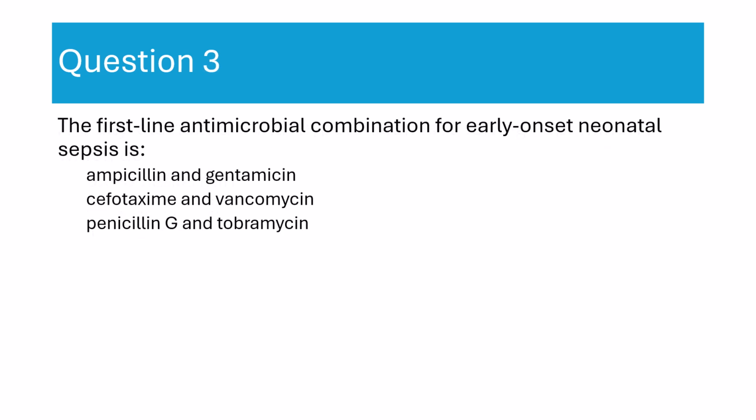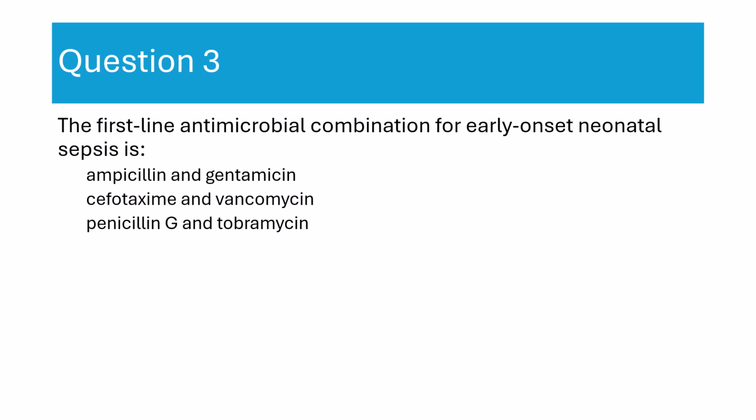The first-line antimicrobial combination for early-onset neonatal sepsis is: ampicillin and gentamicin, cefotaxime and vancomycin, penicillin G and tobramycin. The correct choice is ampicillin and gentamicin. This question is testing your knowledge of appropriate empiric antibiotic therapy for neonatal early-onset sepsis.